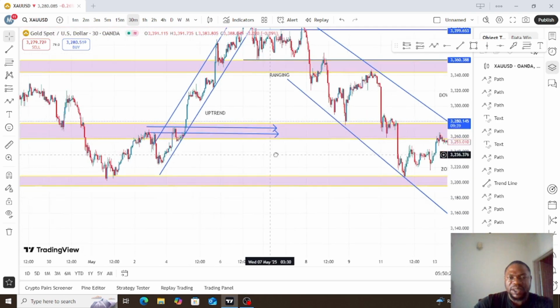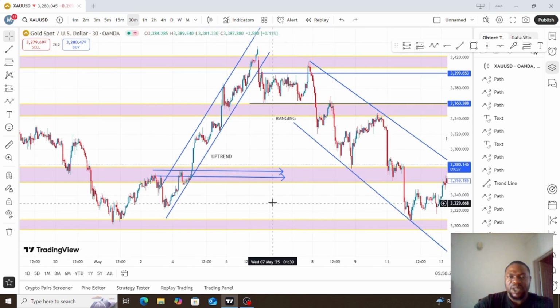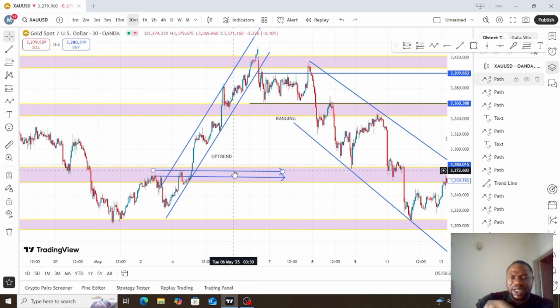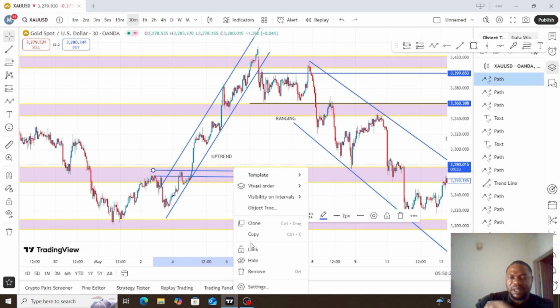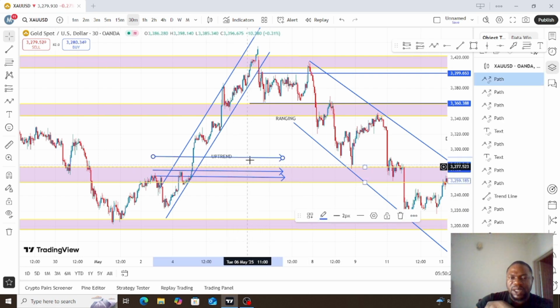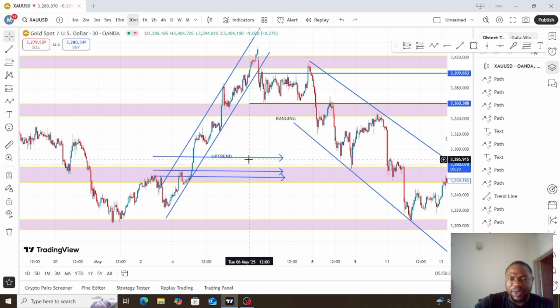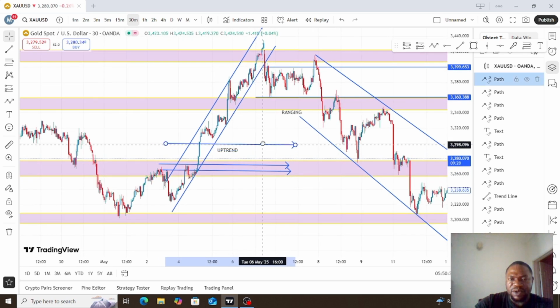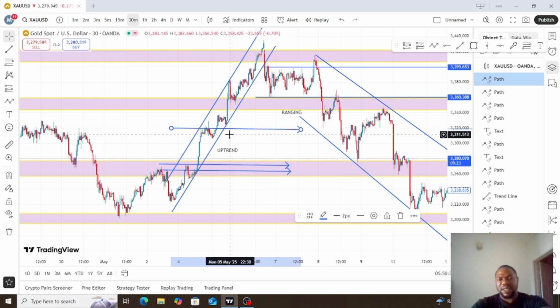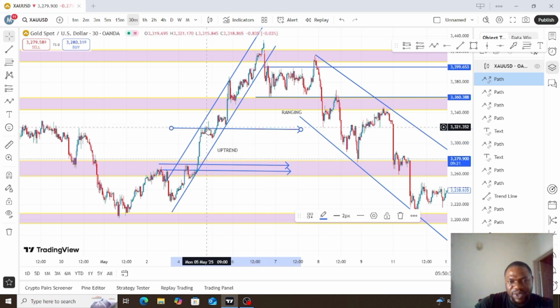Now you can see the market went up again, gave us a new high, came back and did a retest and went and broke this high that was here. So you see how the break of structure is occurring.